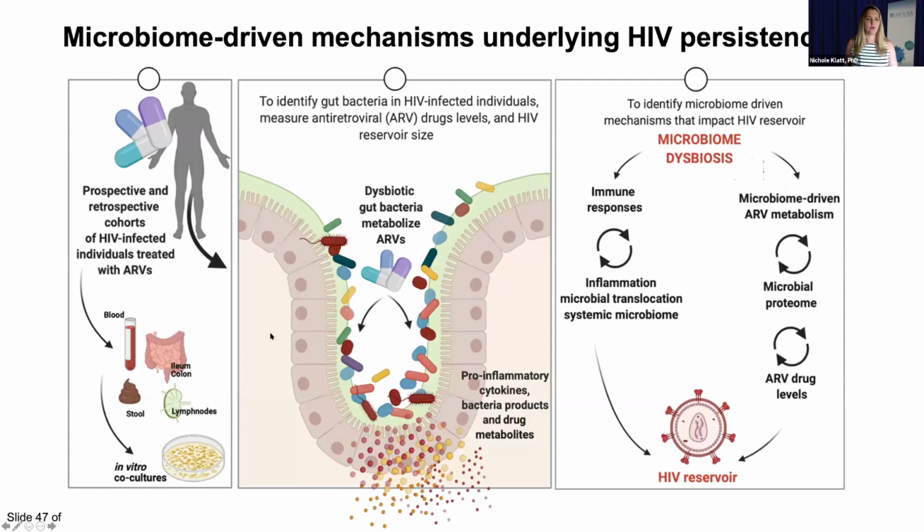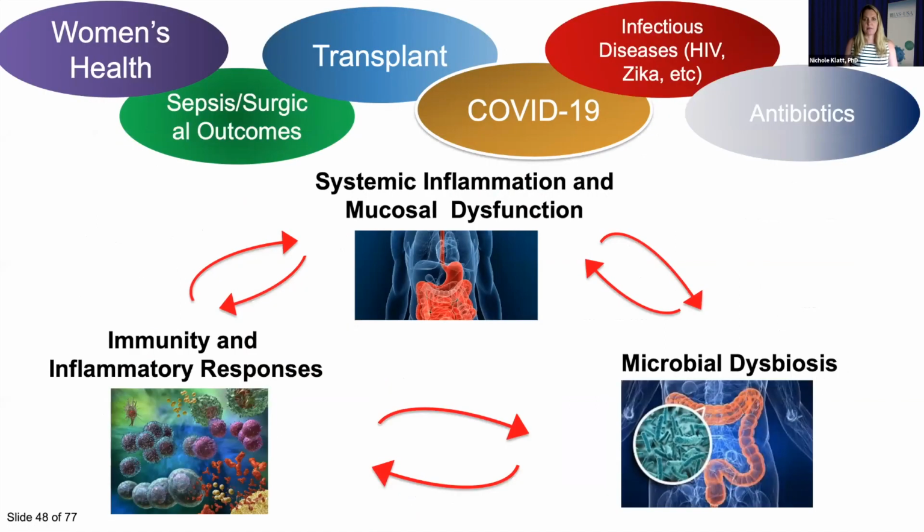This is the overview of what we think might be happening: microbiome dysbiosis is associated with a multitude of things that could impact the HIV reservoir, such as immune responses and inflammation, but also microbiome-driven ARV metabolism can affect the proteome and the ARV drug levels.